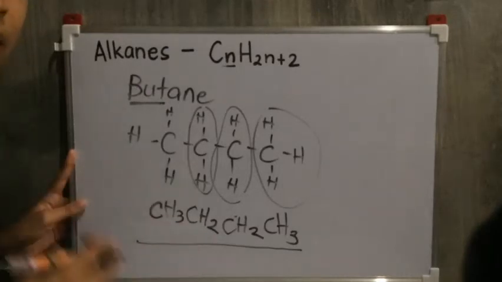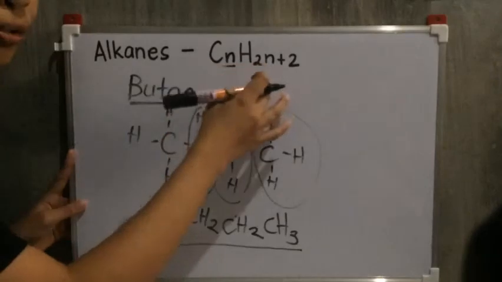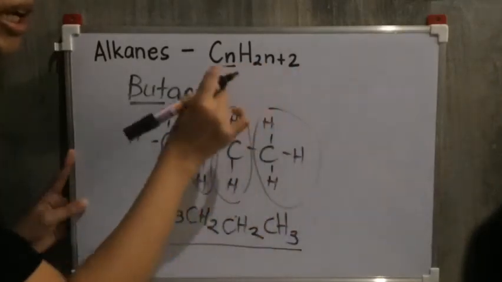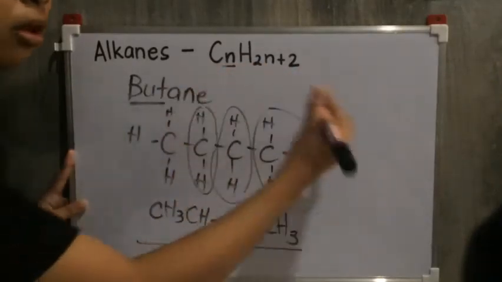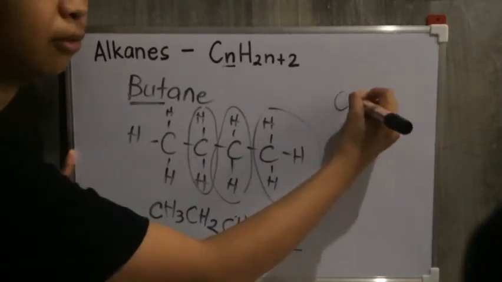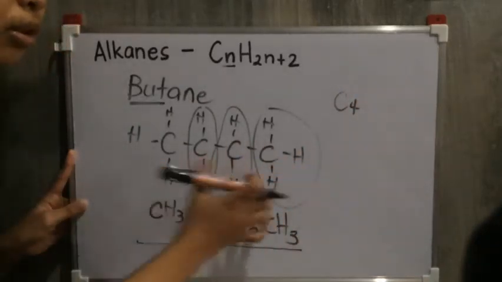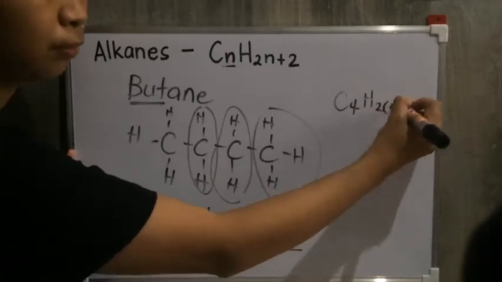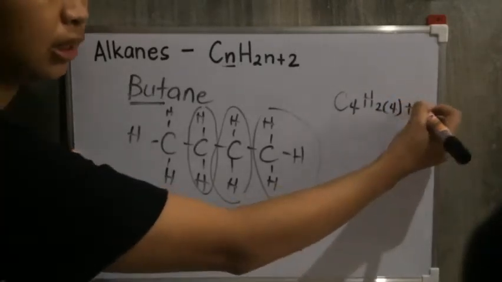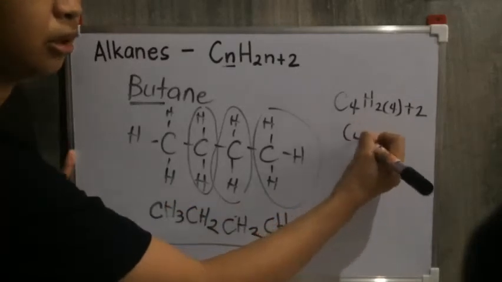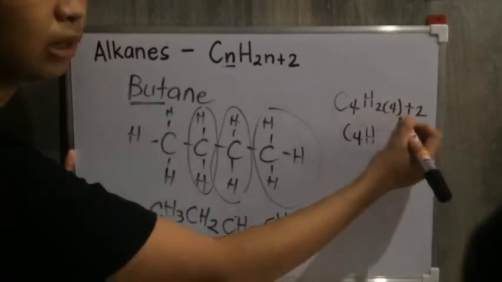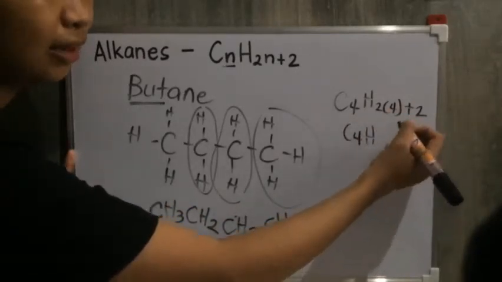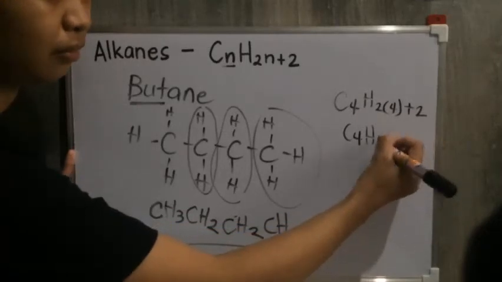The next is, what is the general formula for butane? CnH2n plus 2. Again, n stands for the number of carbons. C4, because we have 4 carbons. H, 2 multiplied by 4 plus 2. C4H, 2 times 4 is 8 plus 2, 10.